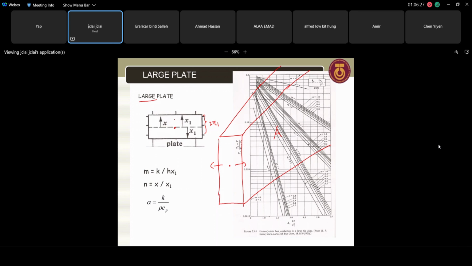Let's say I'm interested in this point, which is also 1 meter from the center. Or maybe if this wall is 4 meter thick, then the x1 is 2 meter, right? If I want to know the temperature at this point, which is 1 meter from the surface, then I can do this.